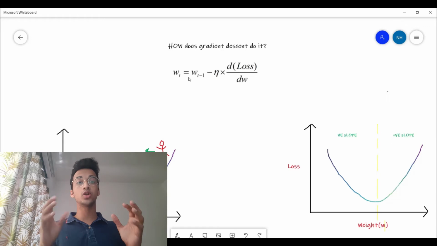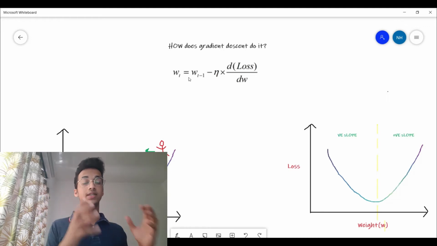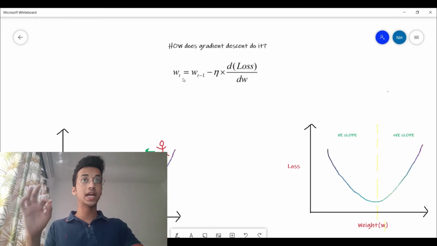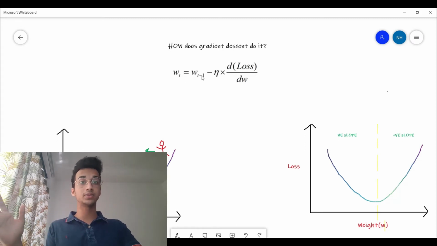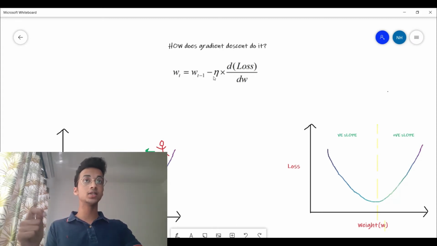The question is, how are you going to change it to get the desired loss? The weight at a particular time step t is going to be equal to the weight at the previous time step t minus 1, minus a learning rate, which is the symbol alpha, times the derivative of loss with respect to weight.